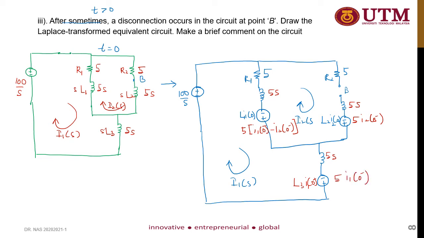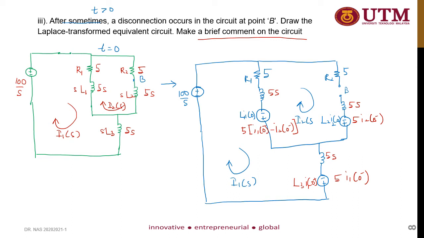Okay, so this is the Laplace transform equivalent circuit when there's a disconnection at point B. Don't forget to justify your answer. So what happened after the disconnection occurred?